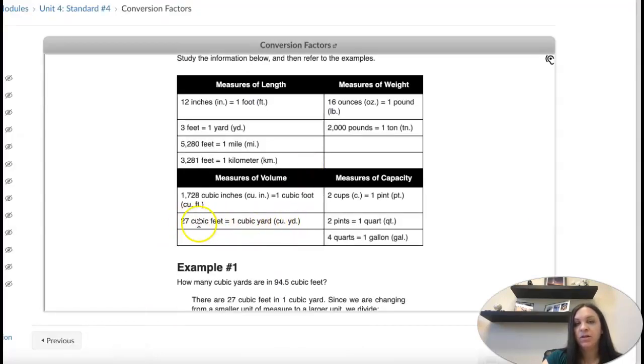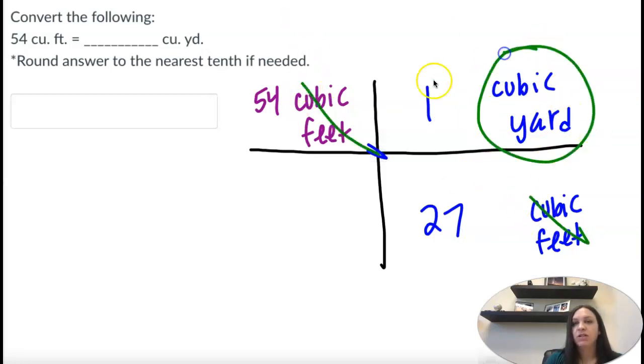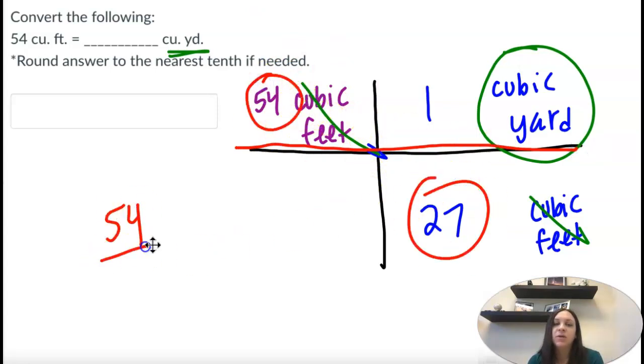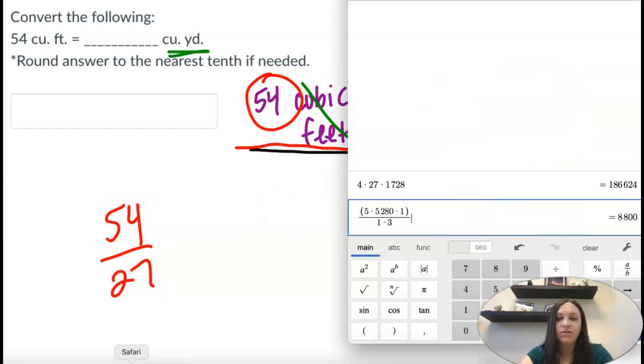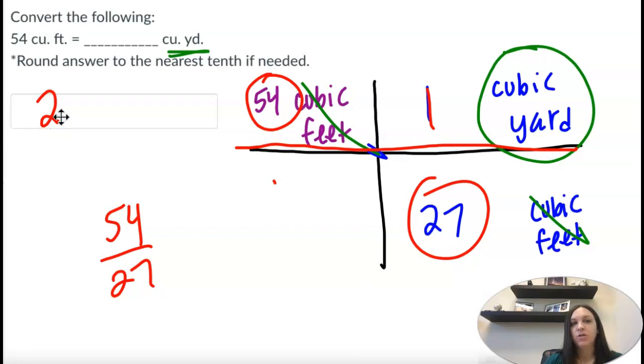We have that one right here. 27 cubic feet is 1 cubic yard. So there's our true statement. That's what we're given. And look what happens. We're already to cubic yards, so we get to stop there. Yay! So we still have our fraction, but now it's just 54 divided by 27, because that 1 doesn't change anything. Okay, so 54 divided by 27 is 2. So 2 cubic yards in 54 cubic feet.